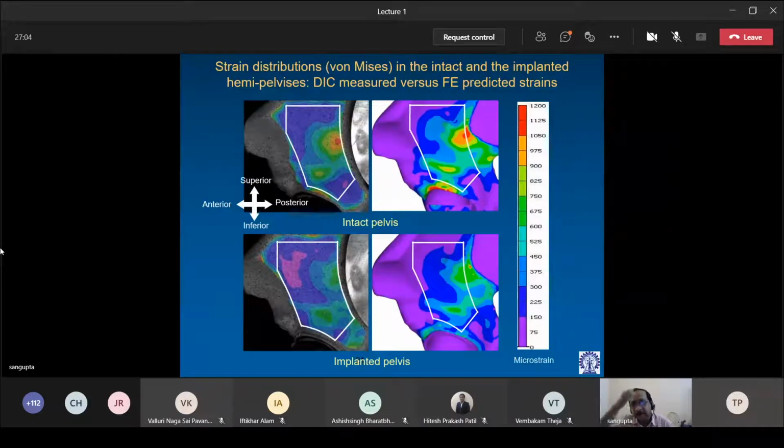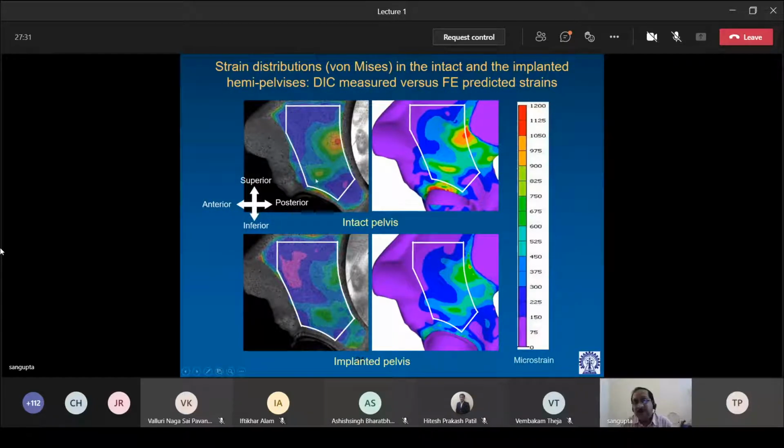Now, if you look at the equivalent strain distribution in the intact and implanted hemipelvis, on the left you have the DIC measured. You can see this is the area of interest, the white bounded area of interest.